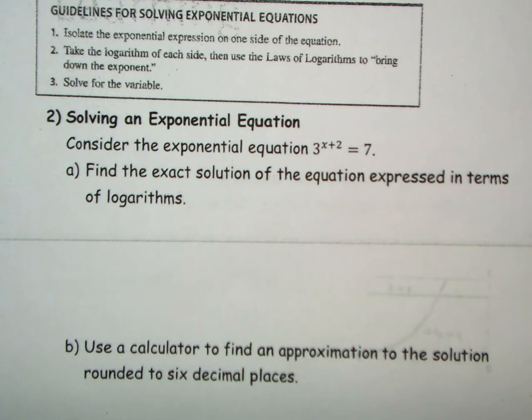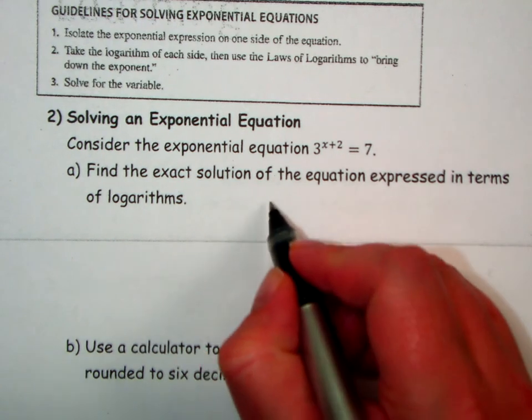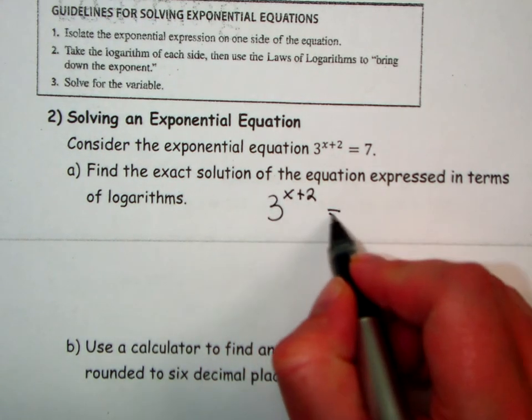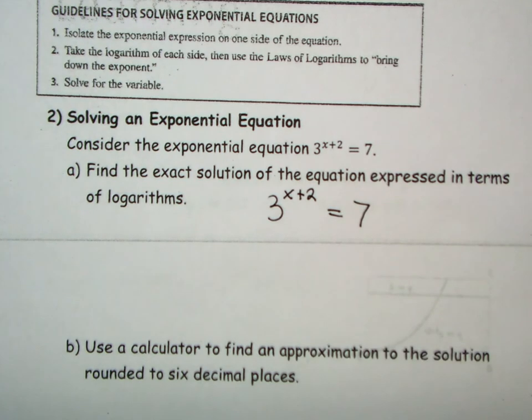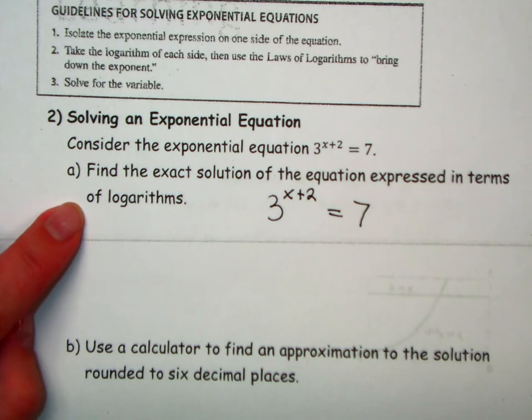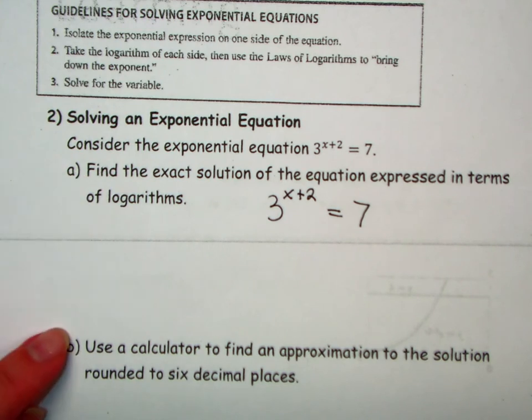So if you can't get them to match, we're going to have to use log or ln. Part A asks for the exact solution expressed in terms of logarithms, and part B asks for the decimal approximation.